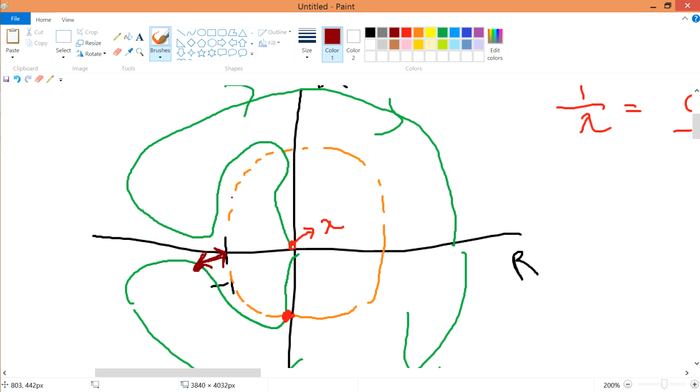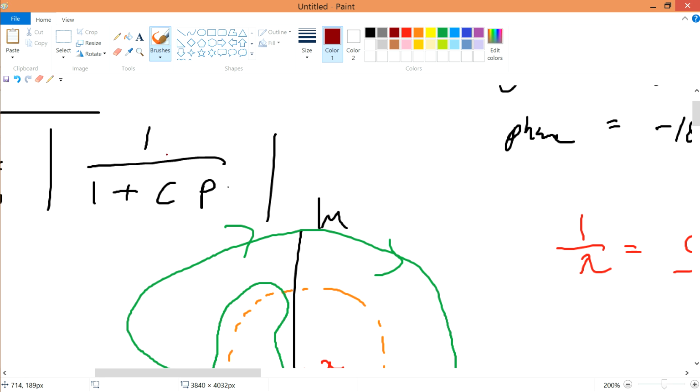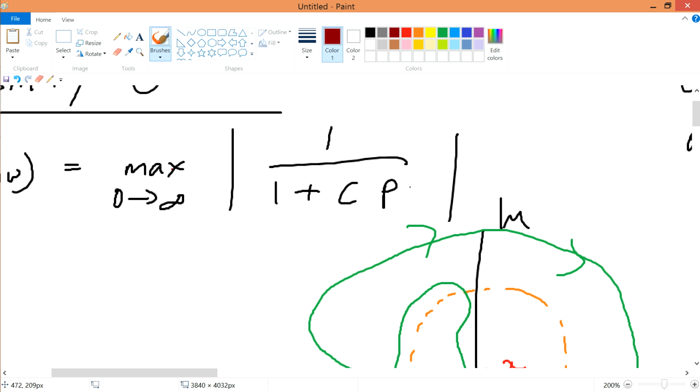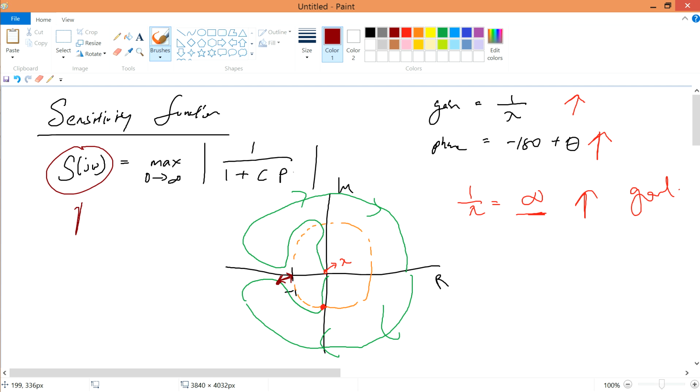If you are very near to -1, this means that your sensitivity function will go up.